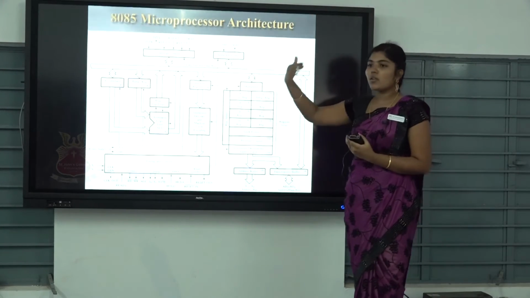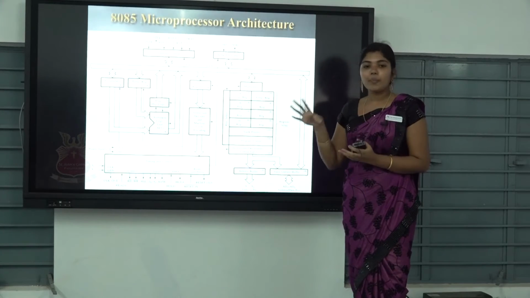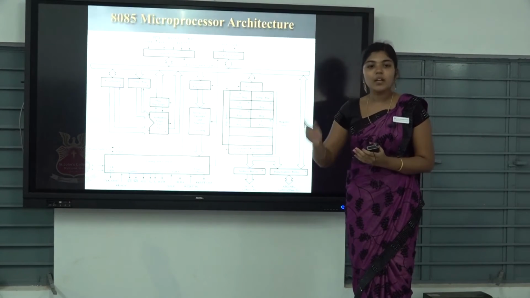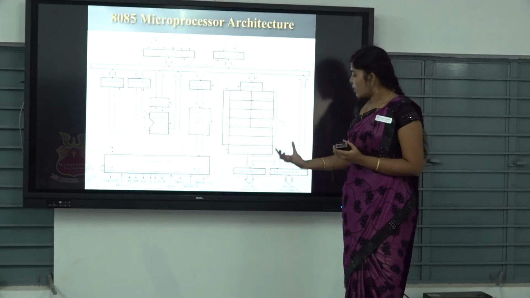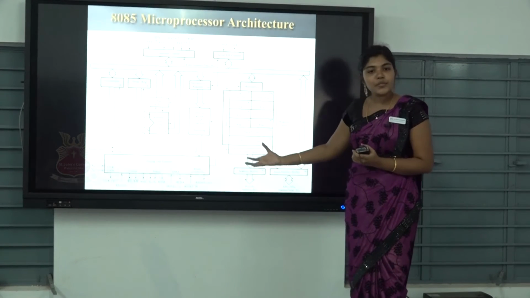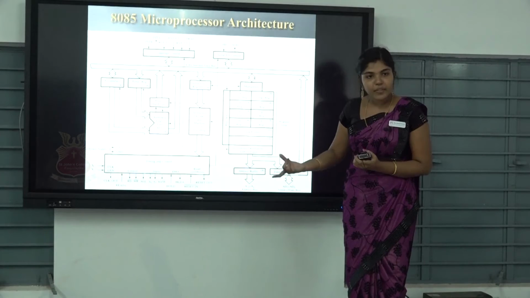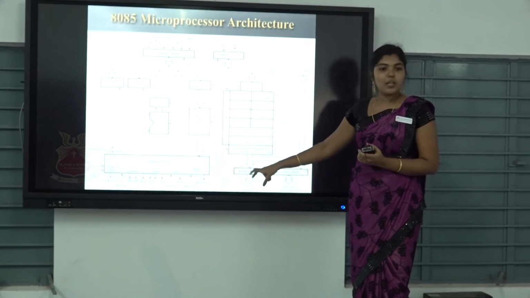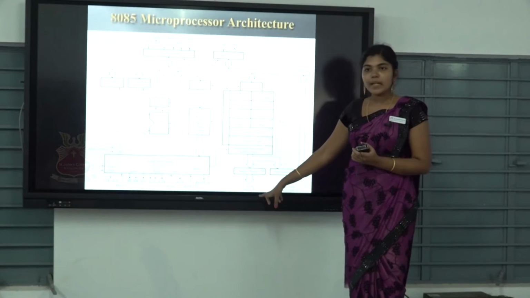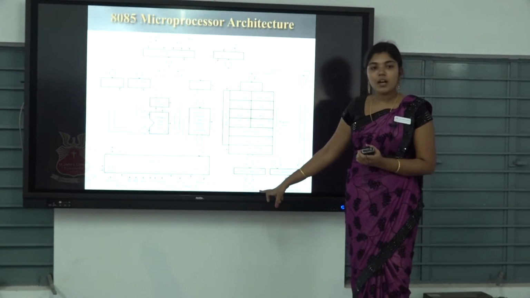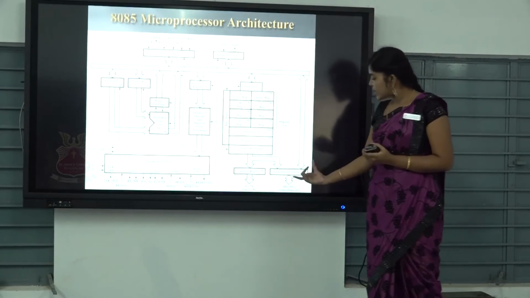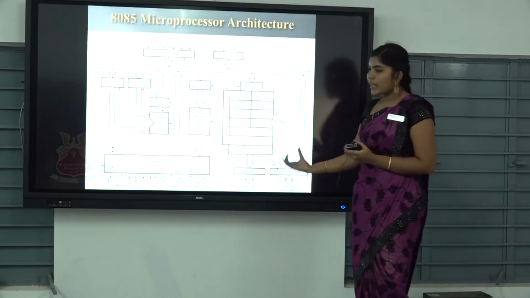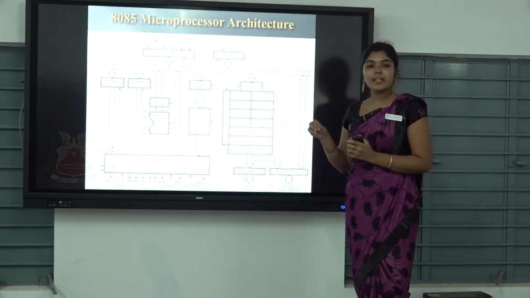There are various locations in the memory, and you don't operate on the whole memory at a time; you need to operate on one location at a time. The address bus is unidirectional. The data bus is a group of 8 lines, and it just carries the data.